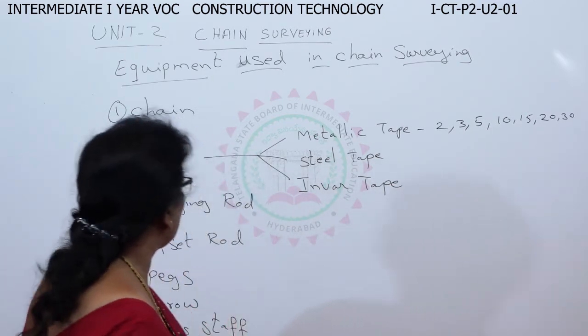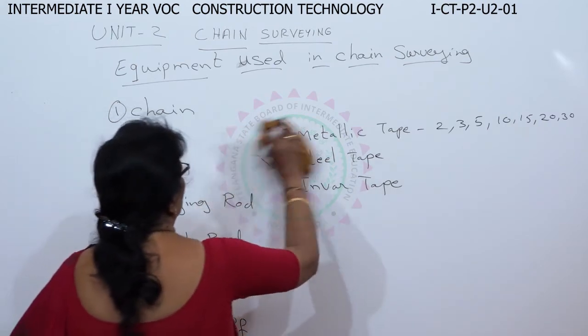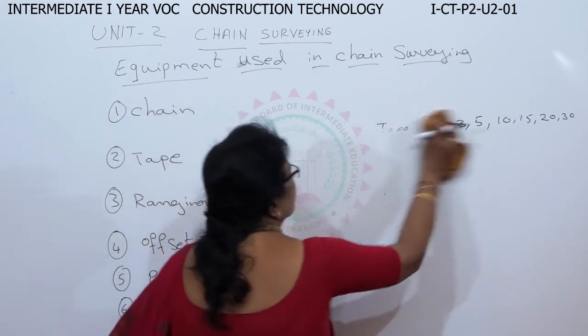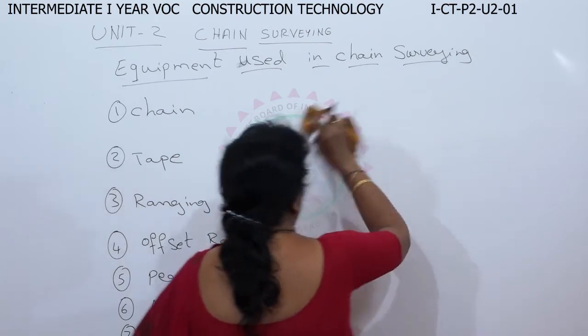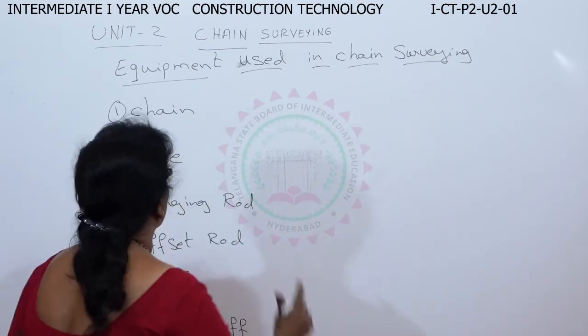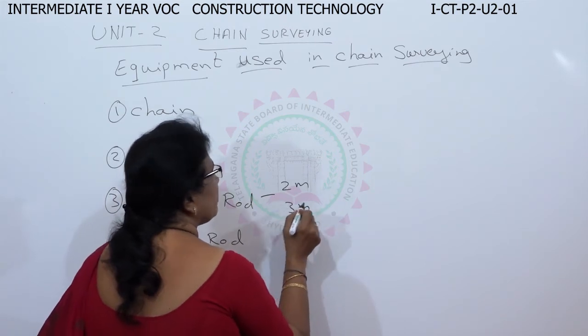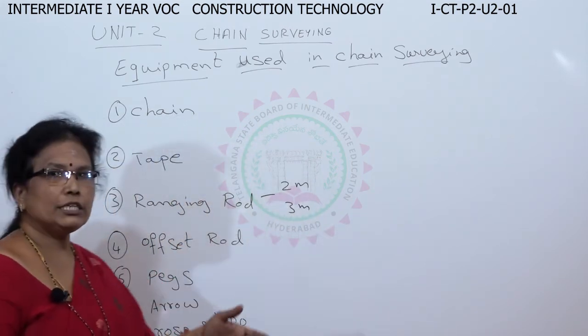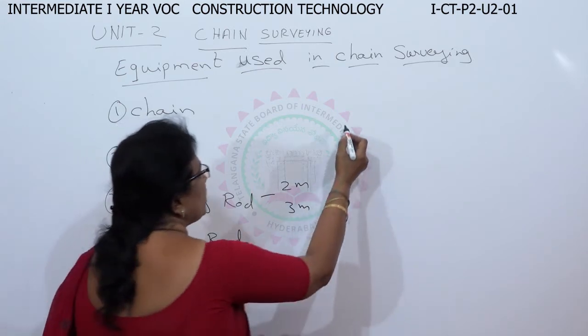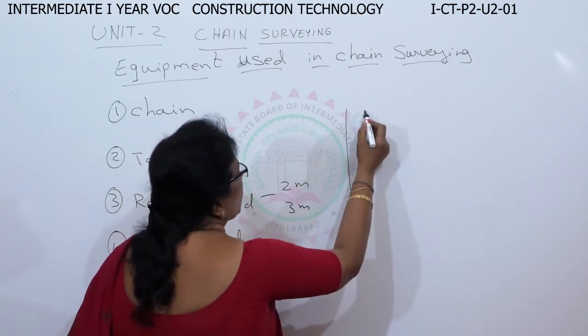Now next, coming to the ranging rod. It is available in 2 meters and 3 meters height. It is nothing but a metal pole. Ranging rod is a metal pole.